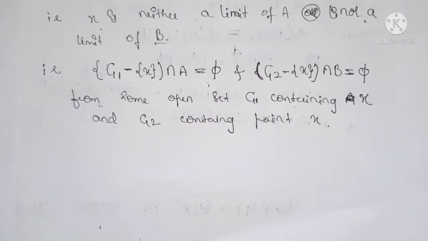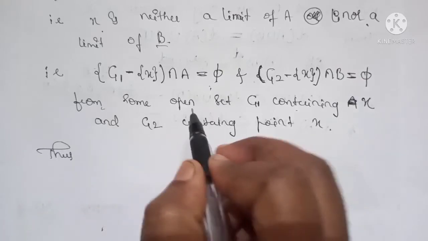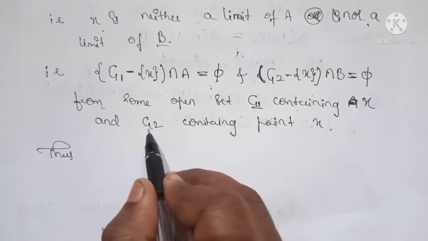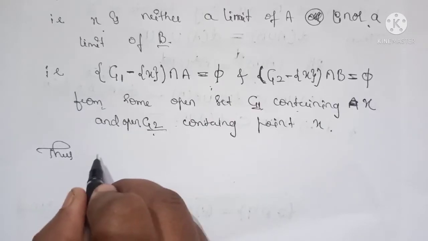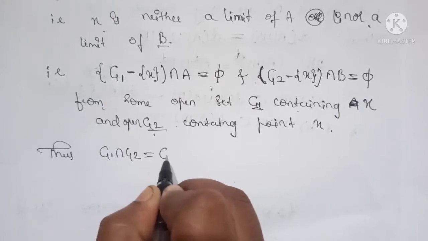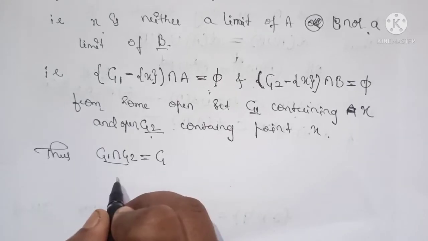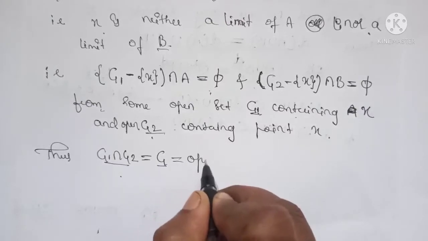Now thus we can say that as this G1 and G2 are open sets, their intersection will be open. Okay, so their intersection is again another open set.